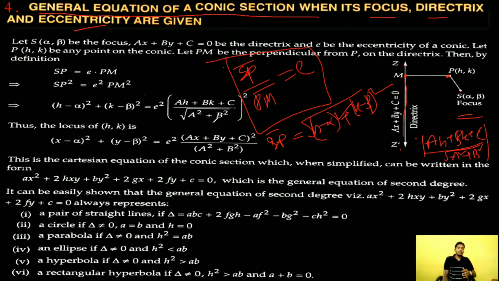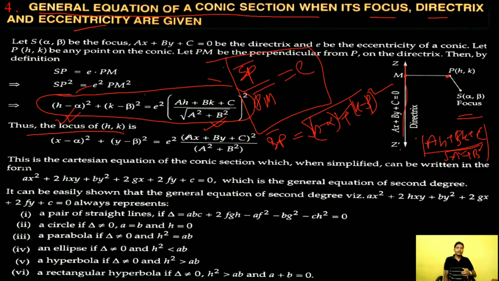Here, if we take both sides square, then we will have this. Thus the locus of the point (h, k), if we substitute x in the place of h and y in the place of k, we will have this.